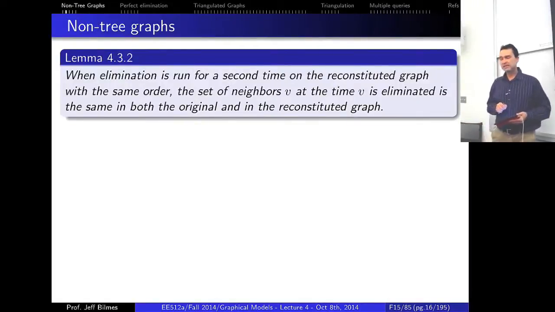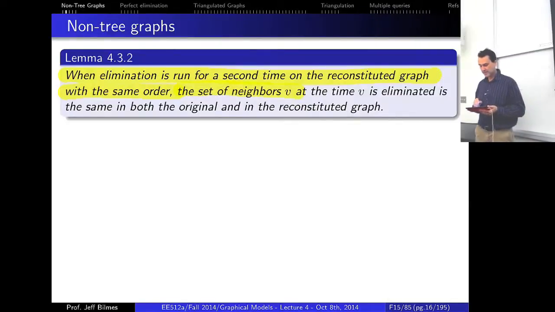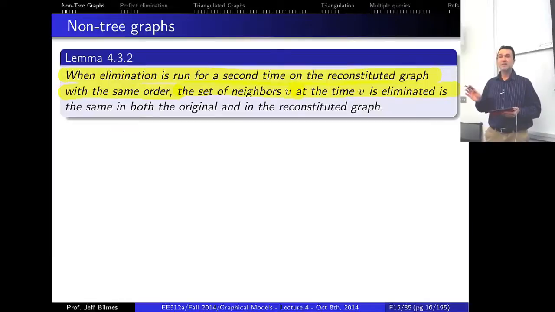So basically, the lemma states that when elimination is run for a second time on the reconstituted graph, using the same order that we used to produce the reconstituted graph, then the set of neighbors of V at the time V is eliminated is the same whether V was eliminated in the original graph or in the reconstituted graph.